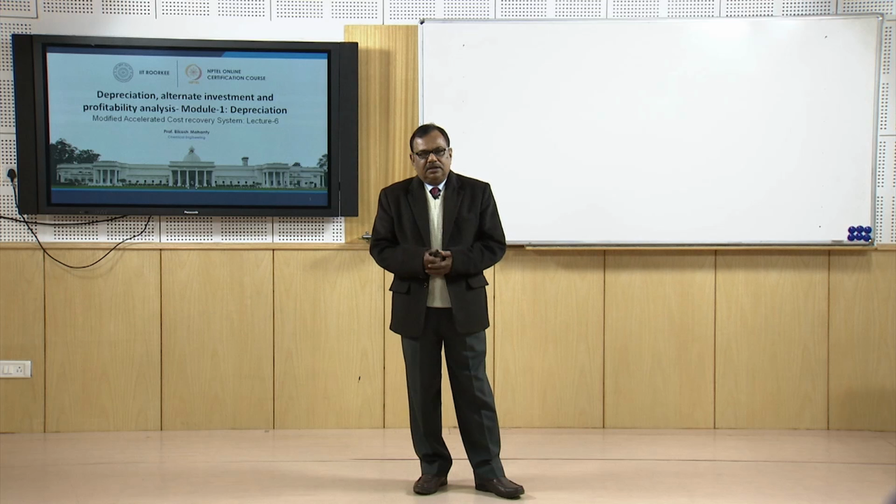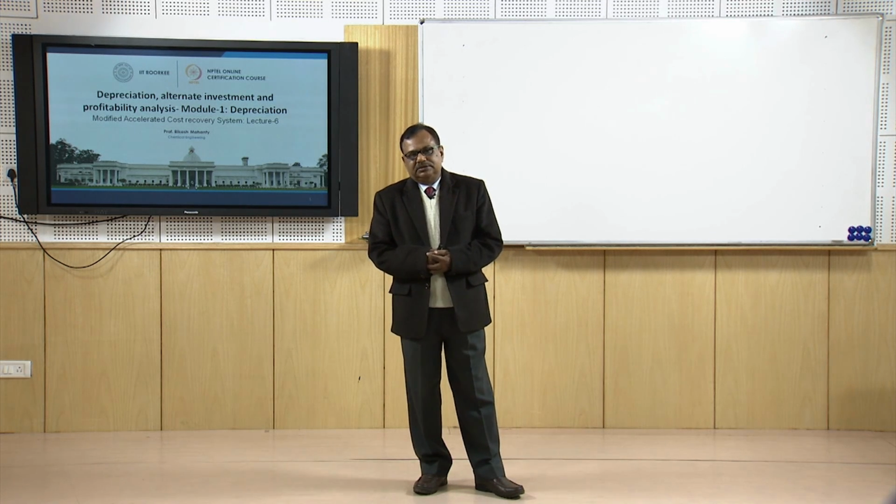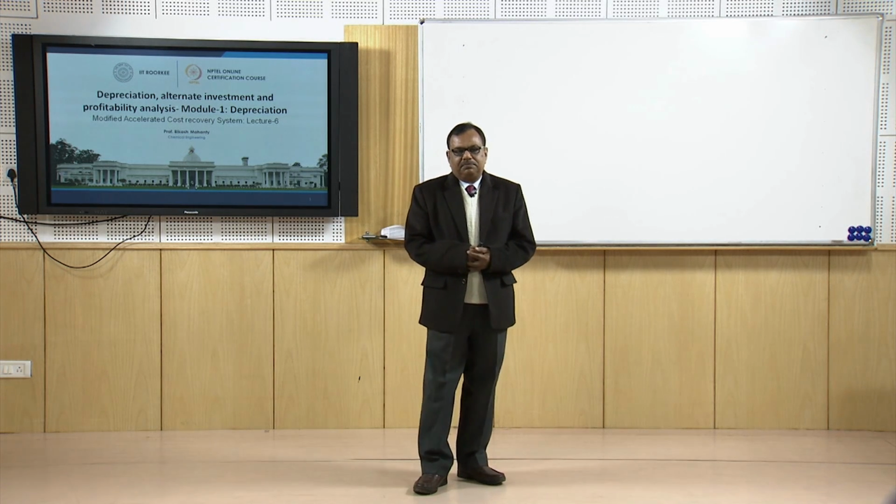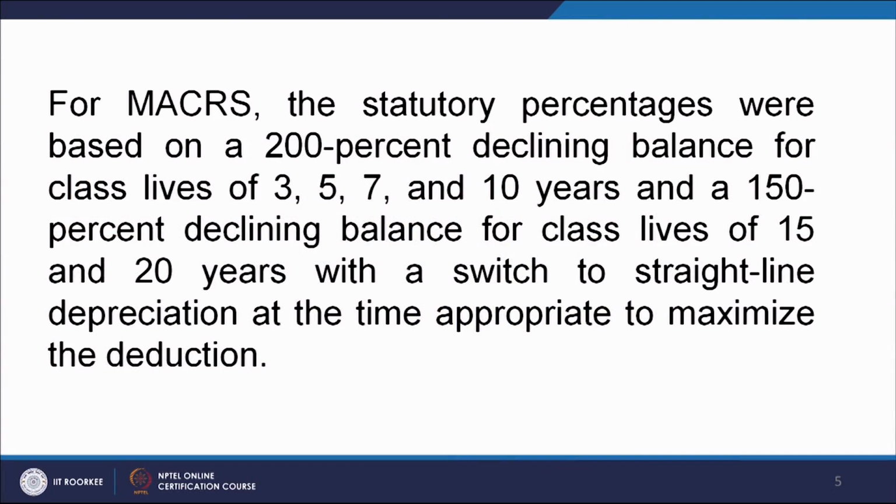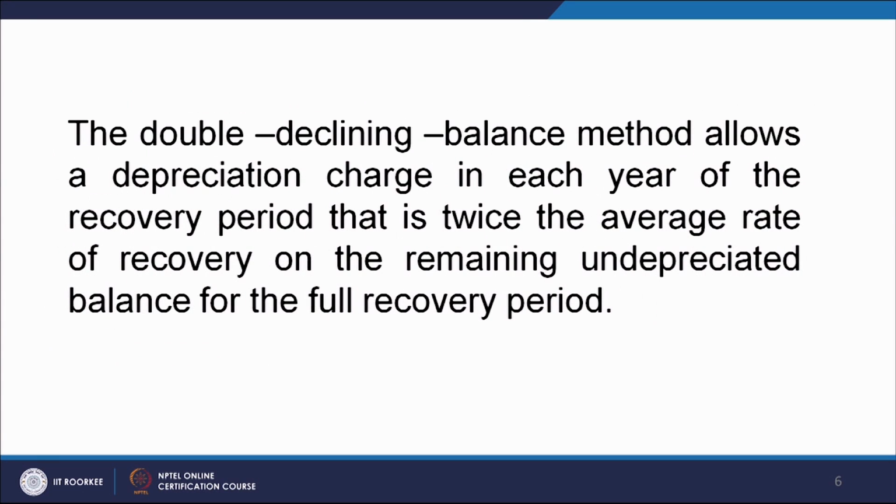For MACRS, the statutory percentages were based on a 200% declining balance for class lives of 3, 5, 7 and 10 years and a 150% declining balance for class lives of 15 and 20 years, with a switch to straight line depreciation at the time appropriate to maximize the deduction.